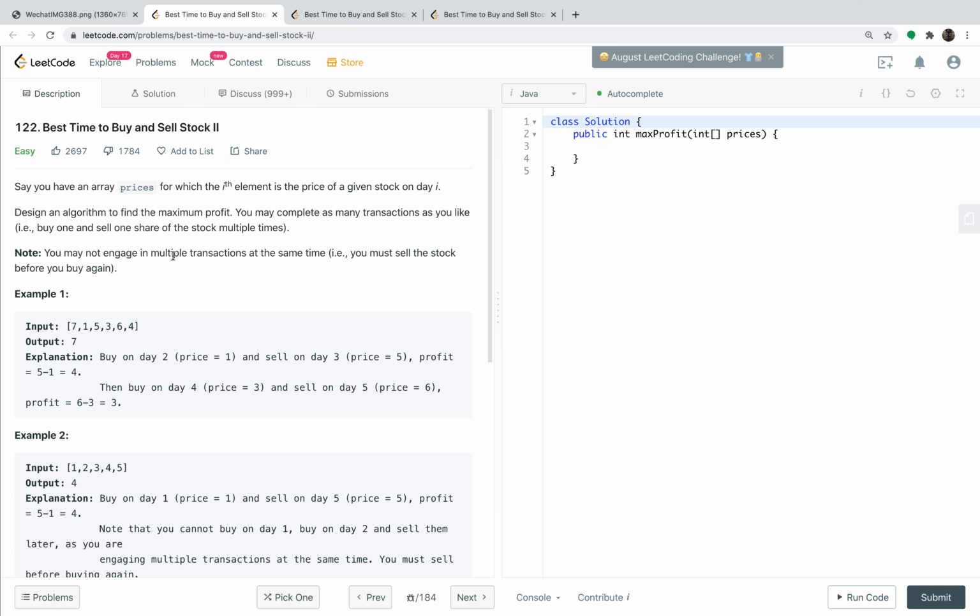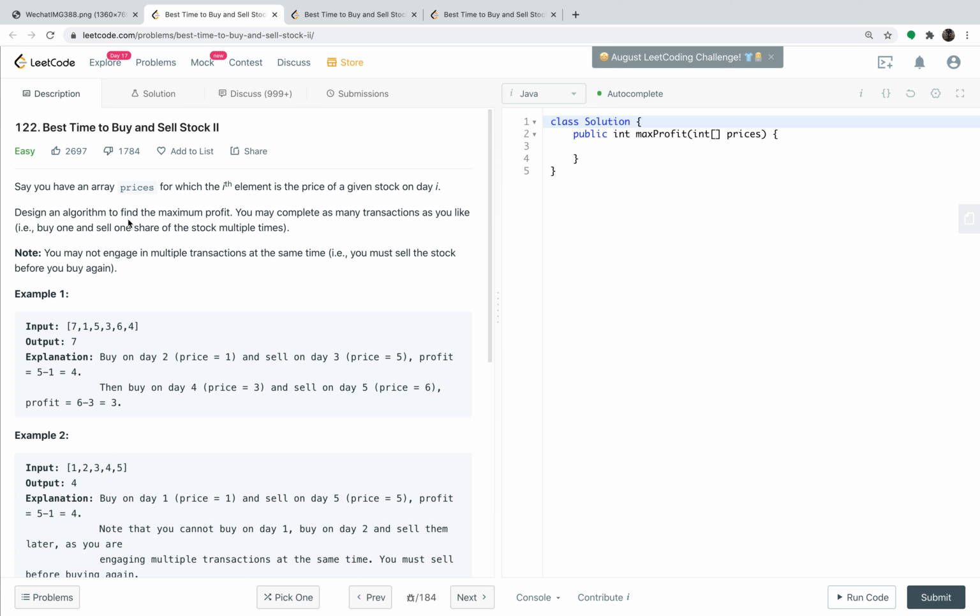So that means the first difference of this problem is that you can make a lot of transactions instead of just one transaction as the previous question. And you also must sell the stock before you buy again.